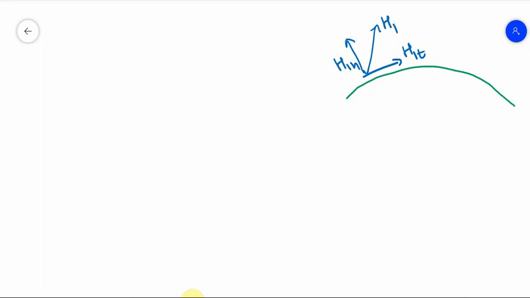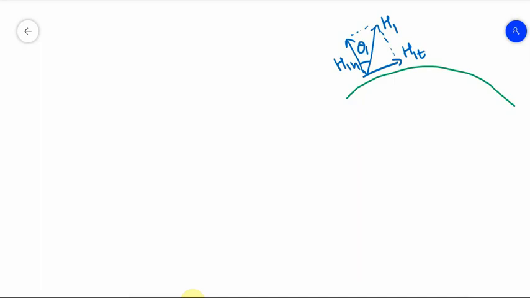Now, a similar interface we'll consider for H also. So we can write the tangential component of H, H1T, the normal component H1N, and the resultant of the two, that is H1, and let this be making the theta 1 angle.